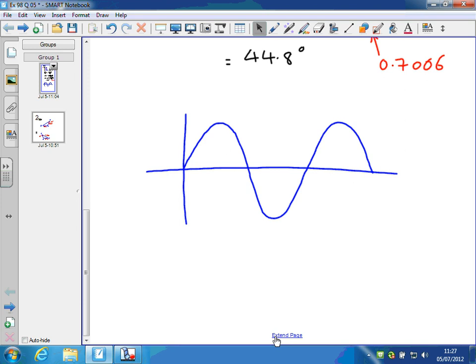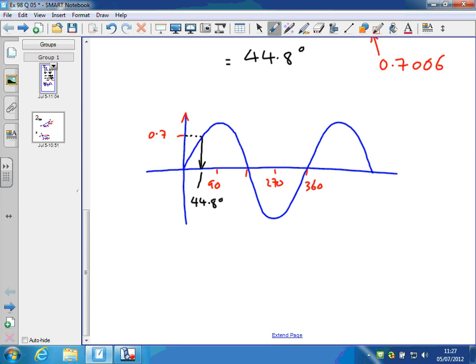So this is 90 degrees, 180 degrees, 270 degrees, 360 degrees, one complete turn, and this is the sine of the angle along here. Up here will be about 0.7. So if we go along from 0.7, we get our angle that we had before, which is 44.8 degrees.